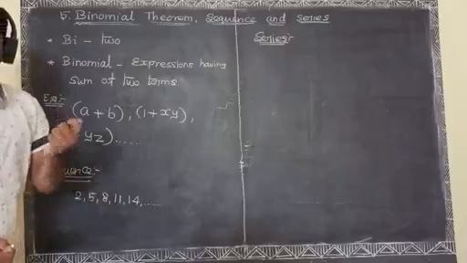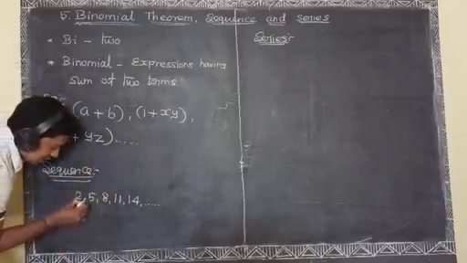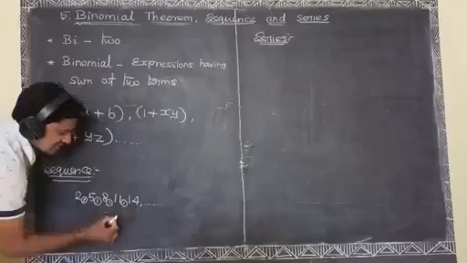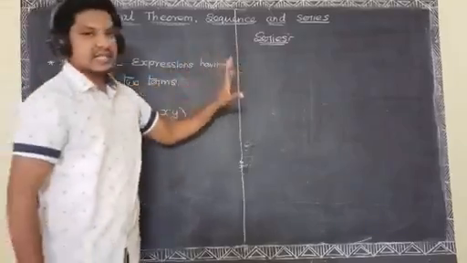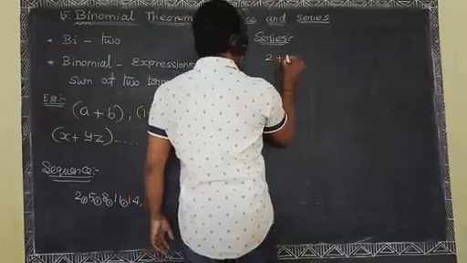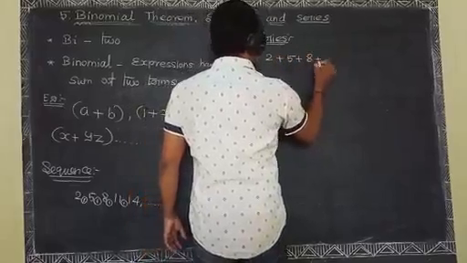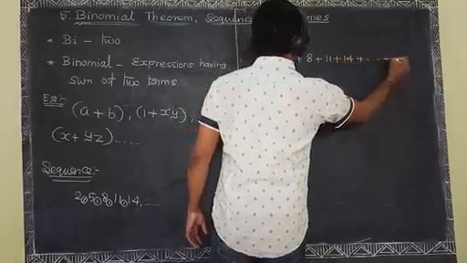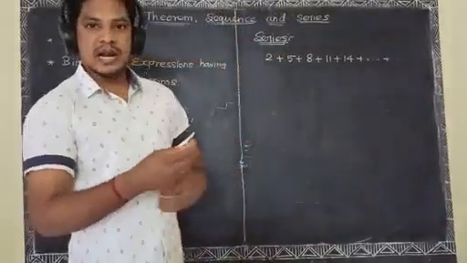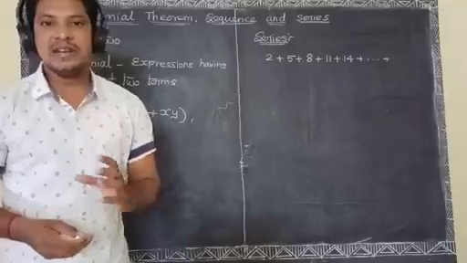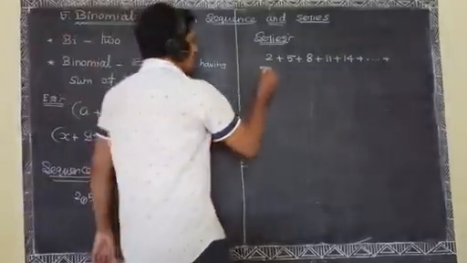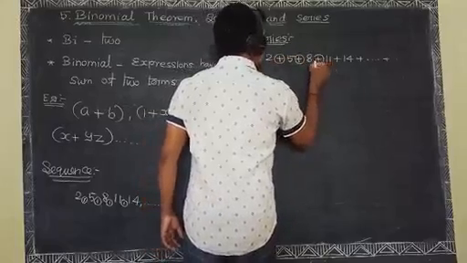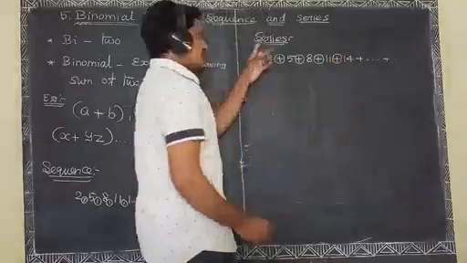Then the series is 2 plus 5 plus 8 plus 11 plus 14 plus and so on. Here the numbers are connected using the addition symbol. Using addition, that is called a series.